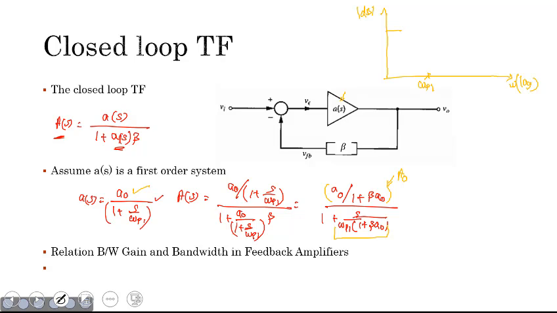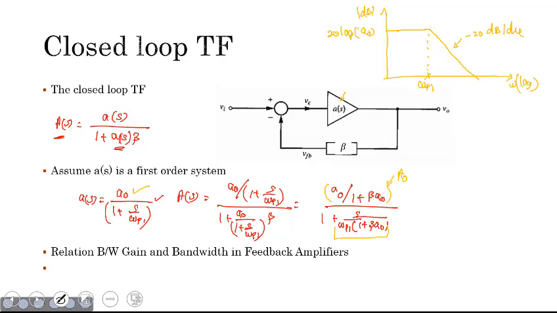So I can write that I had a gain of 20 log of A naught for frequencies less than omega p1, and I can hold it all the way until I reach the signal frequency that is equal to my omega p1, and after that what we know is this gain would degrade at a rate of minus 20 dB per decade.